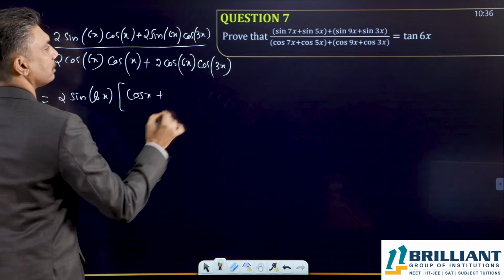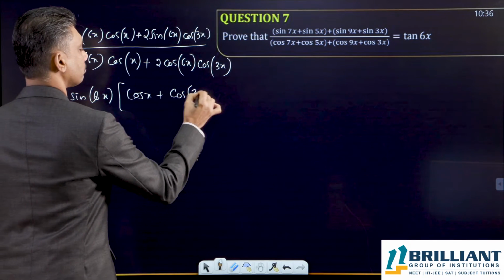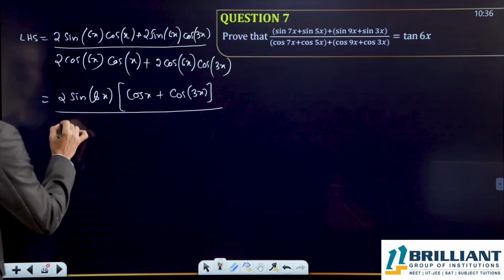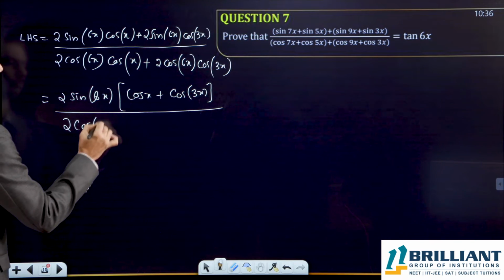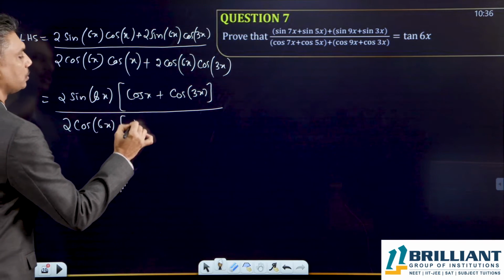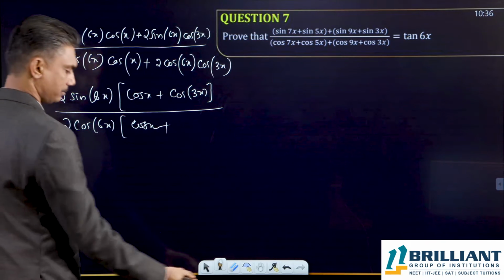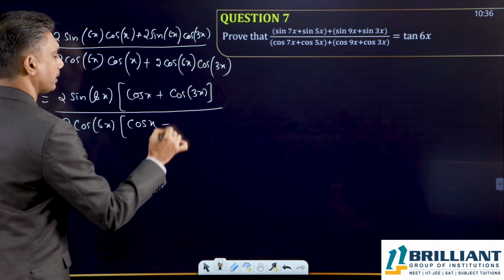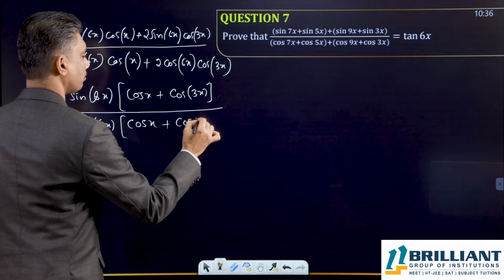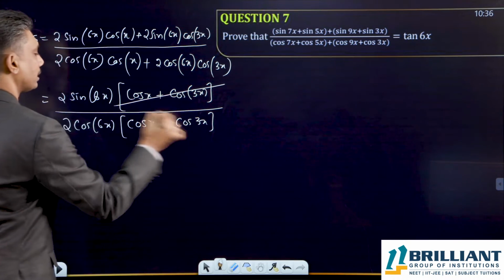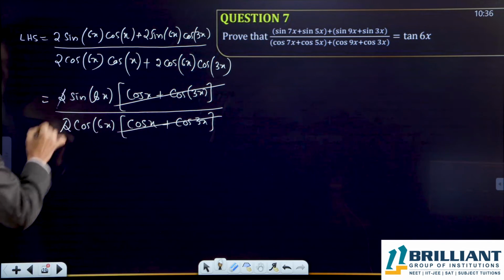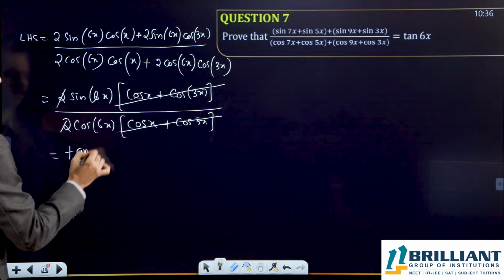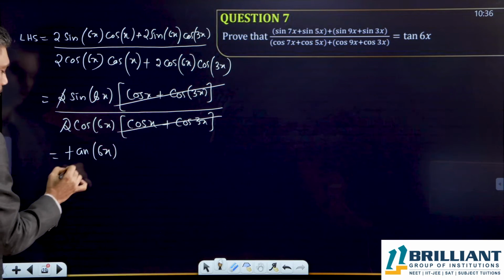Cos x plus cos 3x, by, what is common in the denominator? 2 cos 6x into cos x plus cos 3x. You know, this 2 you can cancel, 2 you can cancel. Sin by cos is equal to what? Tan 6x. See, equal to RHS.